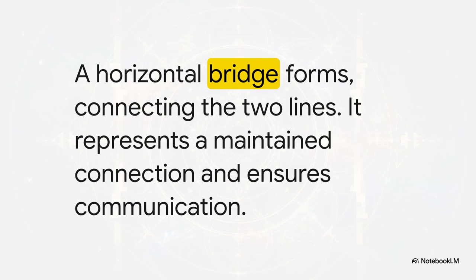But as those two lines move apart, something crucial happens. A horizontal bar forms, connecting them. Now, this isn't just there to hold the shape together. It's a bridge. It represents a connection that's intentionally maintained. It's the thing that keeps the two diverging paths in a relationship, so they don't just fly off into space, totally separate.